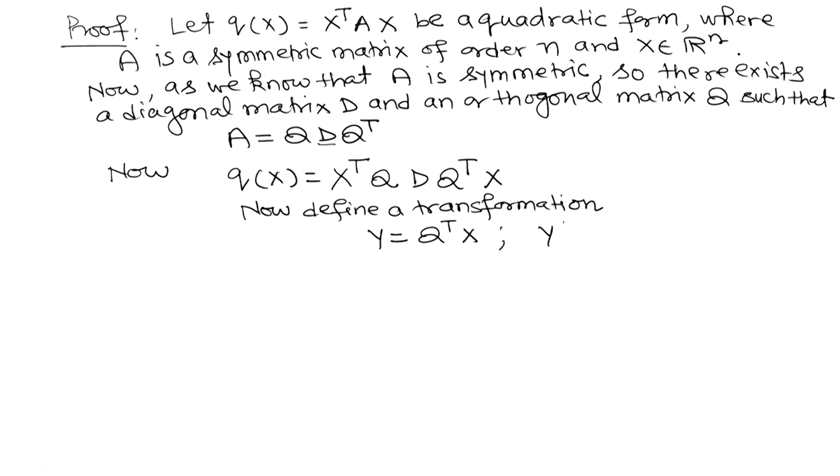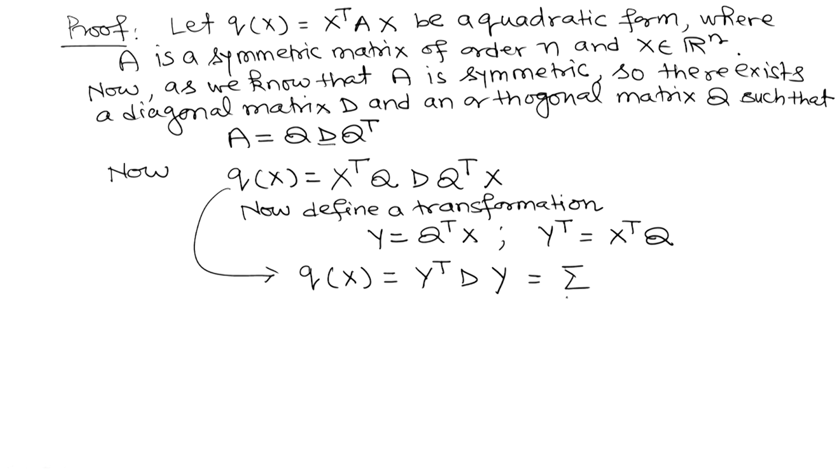Then y transpose becomes x transpose Q, and this quadratic form can be written as y transpose D y, which can be written as the sum over i equals 1 to n of d_ii into y_i square, which is a quadratic form but in diagonal representation.